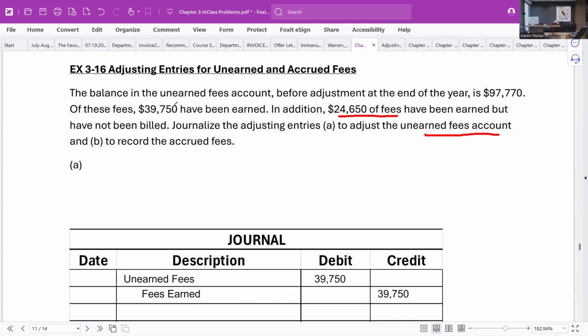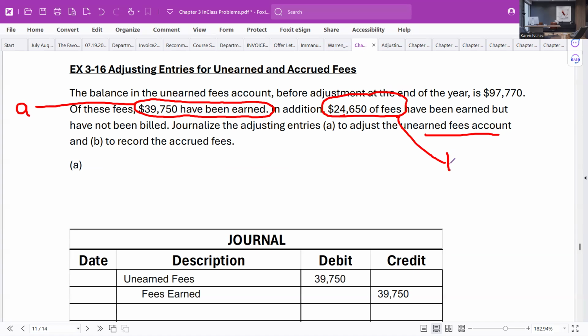So in A, we have some fees that have been earned, right? We are recognizing the fees that have been earned, that were initially deferred, but now they've been earned. So that's part A. And then in B, we have fees that have been earned, but not billed yet.